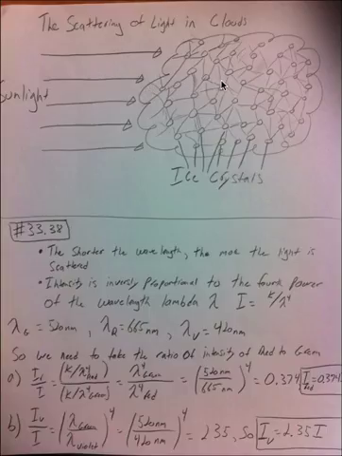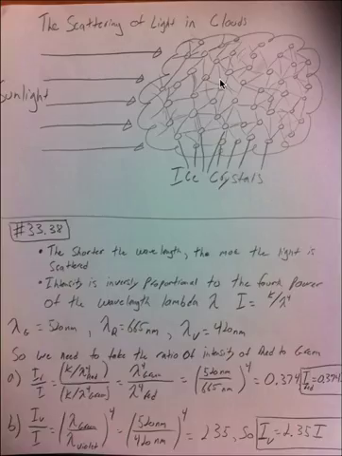the light rays will start hitting these ice crystals, and when they hit the ice crystals, they're going to start refracting in all directions, and they're going to continue to hit other ice crystals as they refract from ice crystal to ice crystal.